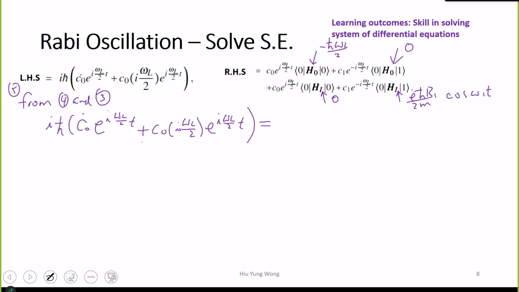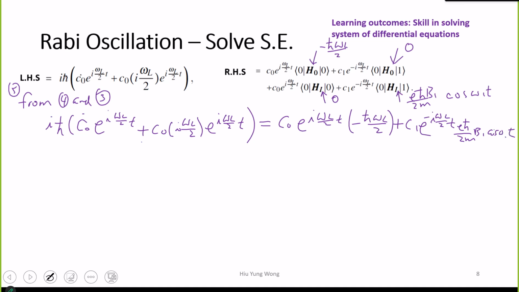So I'm going to write this down as e to the power iω_L divided by 2 t times negative ħω_L divided by 2 plus C1 e to the power negative iω_L divided by 2 t times, very long, eħ divided by 2m B1 cosine ω1t.